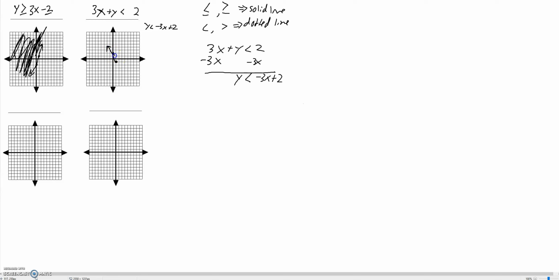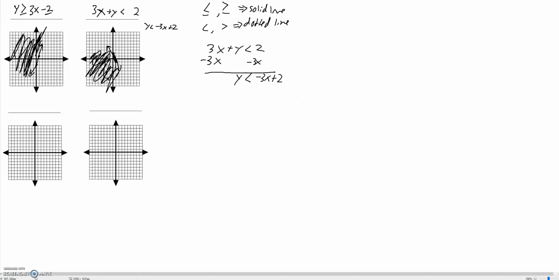Feel free to use a straight edge or something like that. Unfortunately, with my tracking tablet here, I'm not able to get that quite as well as I would like, but that's all right. Now, I need to shade below because it's y is less than, so this is going to be my region here.